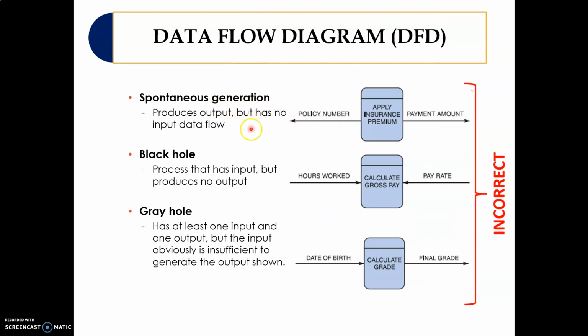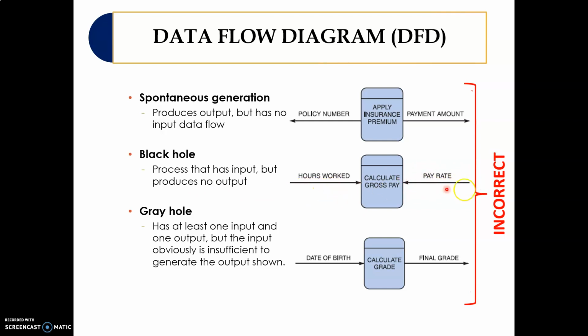There are three data flow and process combinations that must be avoided. The first is spontaneous generation: a process that produces output but has no input data flow, like this one. The second is the black hole: a process that has input but no output.